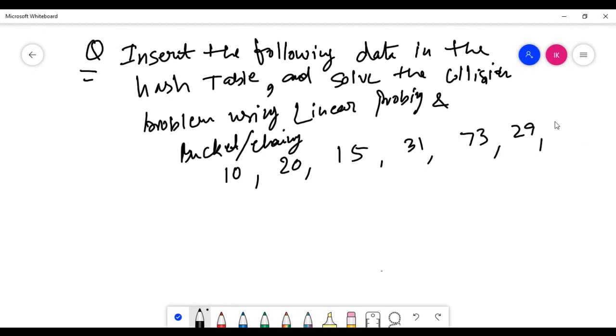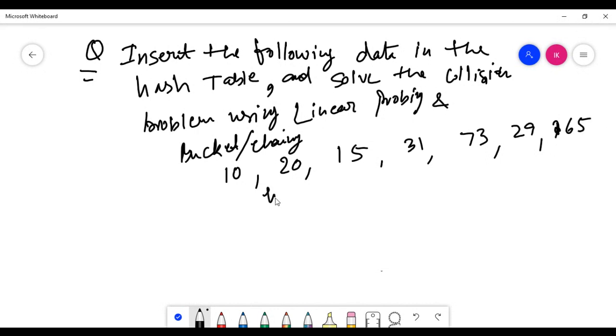And I can take one more number here. 28. 14. One I'm taking 16, or I can take 65 for example. These 7 numbers.